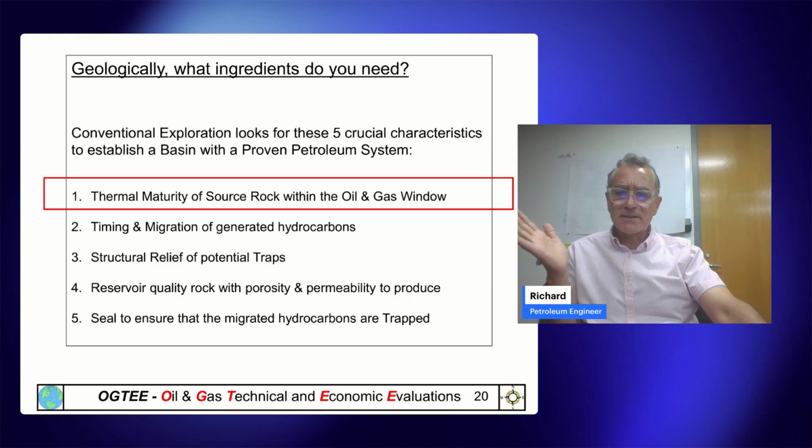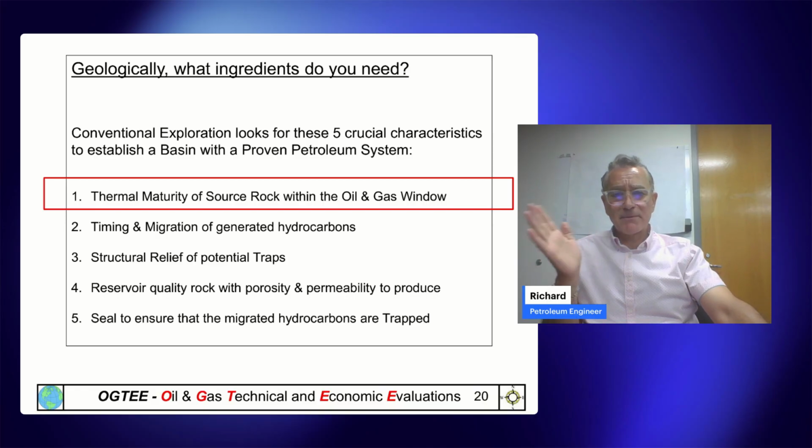And all I can tell you is the number one thing that geologically we're looking for to establish that we've got a chance to actually produce oil and gas in commercial quantities. The number one thing you've got to have is thermal maturity of the source rock within the oil and gas window. The other things, timing and migration, structural relief, reservoir quality, and a seal, those are all required too. But that thermal maturity is what's really required.